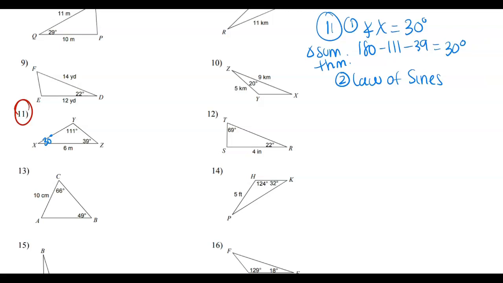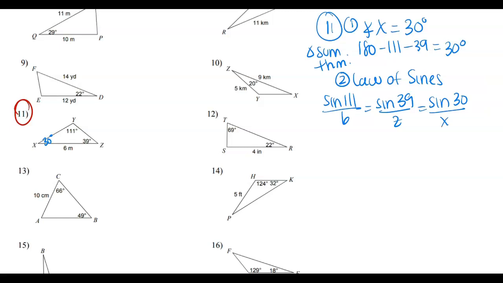Right now, I have only one side, which is a 6, and I don't have another side length here or here. So for this question, I'm going to use law of sines: sine of 111 over 6 equals sine of 39 over lowercase z, and sine of x, which is 30, over lowercase x.